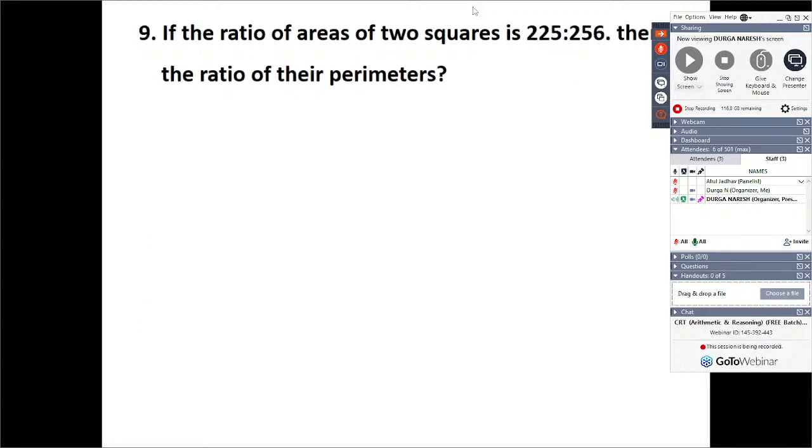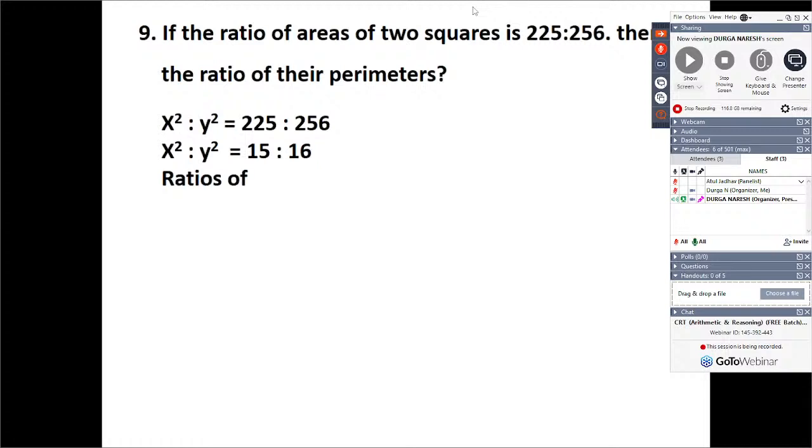If the ratio of the areas of two squares is 225 is to 256, this is a very simple one, everyone please focus. The first side is x, the second side is y. x square is to y square is 225 is to 256, nothing but 15 is to 16.